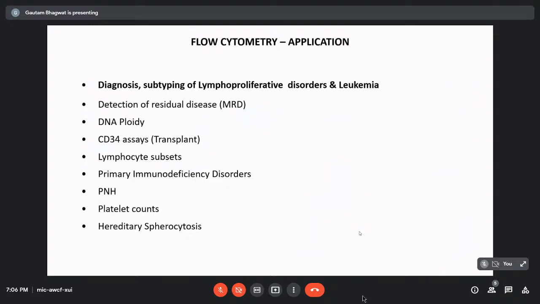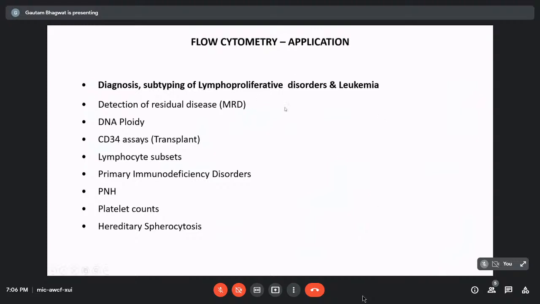Lymphocyte subset analysis, primary immunodeficiency disorders, paroxysmal nocturnal hemoglobinuria, platelet count, where the gold standard according to ICSH is flow cytometry, and hereditary spherocytosis. So these are the various applications in hematology.